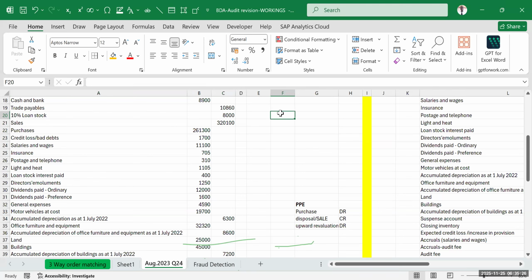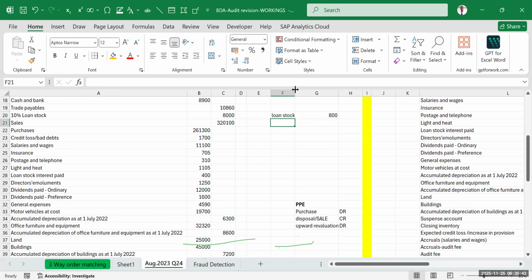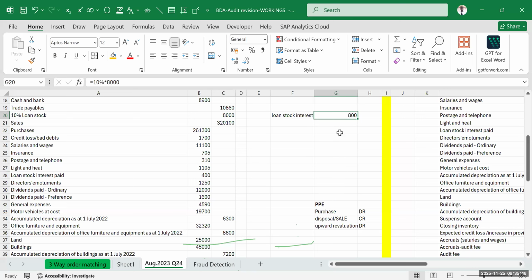I believe we all know that. So we will compute the loan stock interest. What is the loan stock interest that we will pay? We will pay 10%, the coupon rate, of 8,000. Of course, you'll agree that comes to 800.